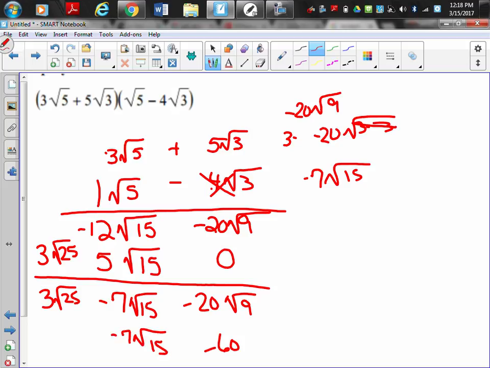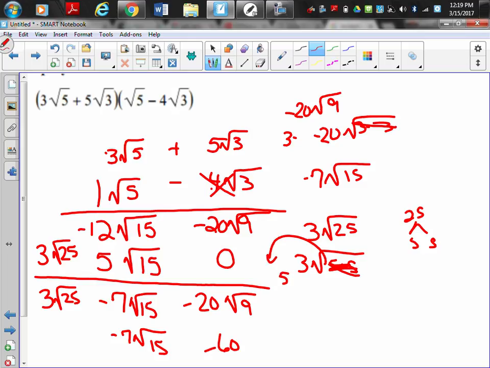Alright, so 3 square root of 25. 25 is 5 and 5. Good. So we have a pair of 5s. Your pair goes away and comes to the outside. 5 times 3 is 15.